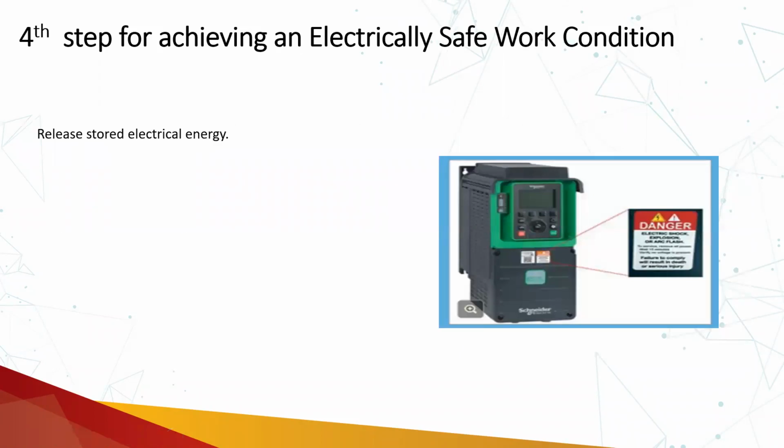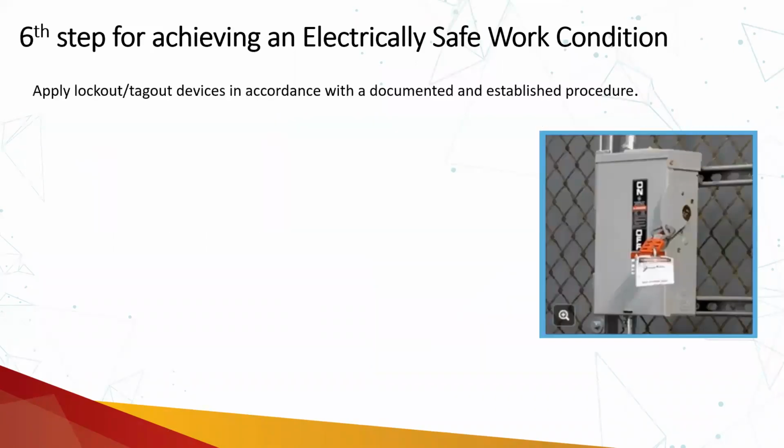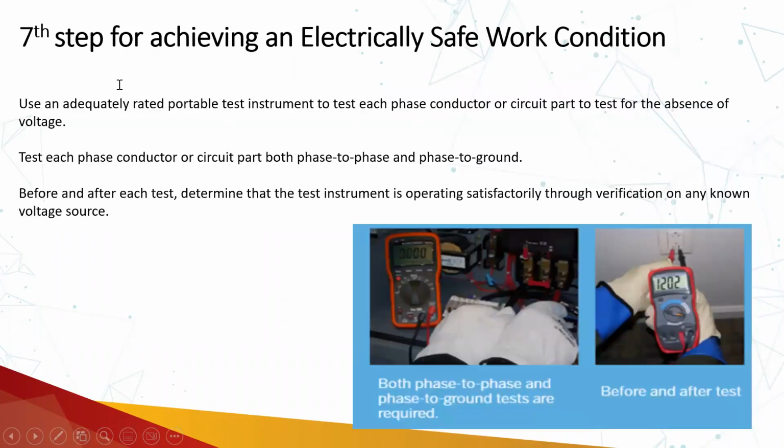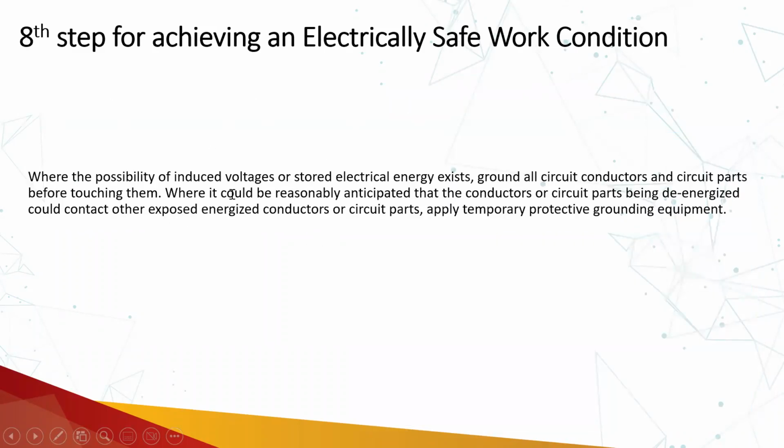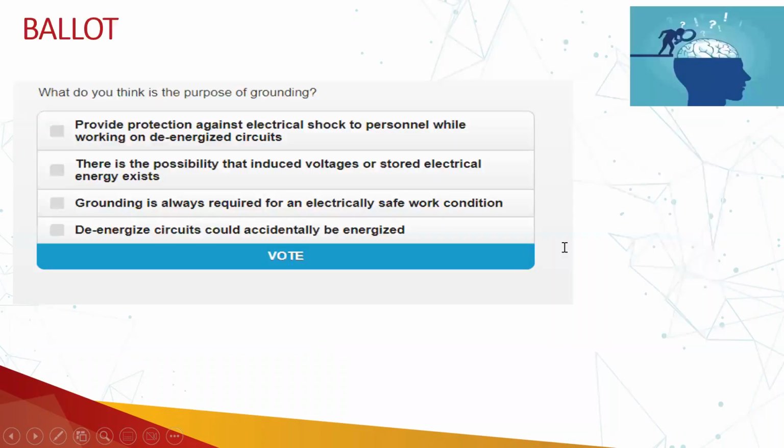Release stored electrical energy, release or block mechanical energies. Then apply the lockout and tagout device in accordance with the documented and established procedure. 7th step is the verification for the absence of voltage, and the last step is to provide the shorting grounding. So these are the 8 steps which need to be followed in sequence as per 70E. So the sequence cannot be changed.